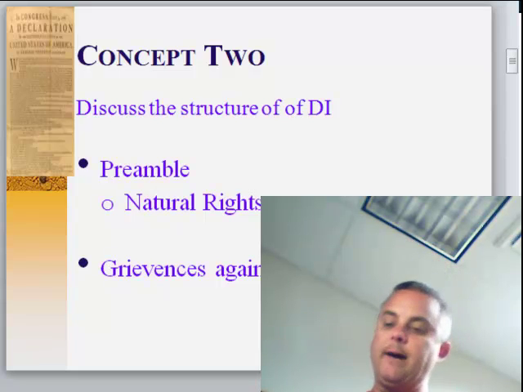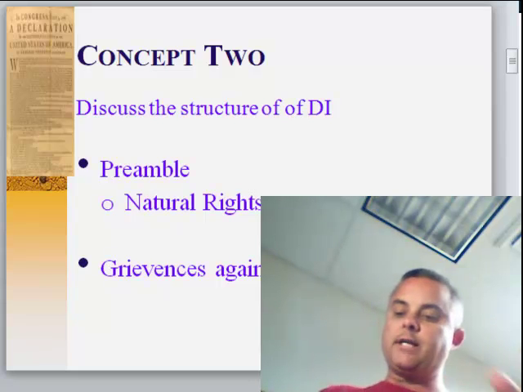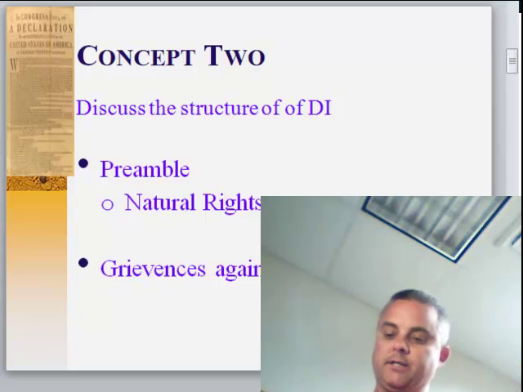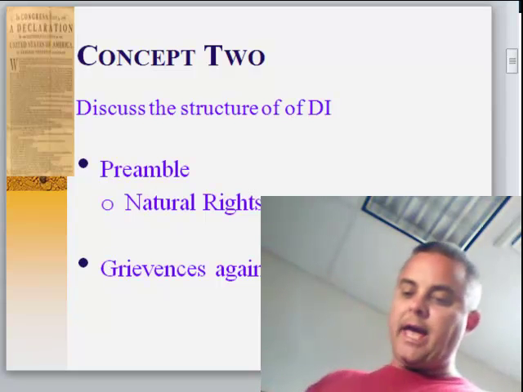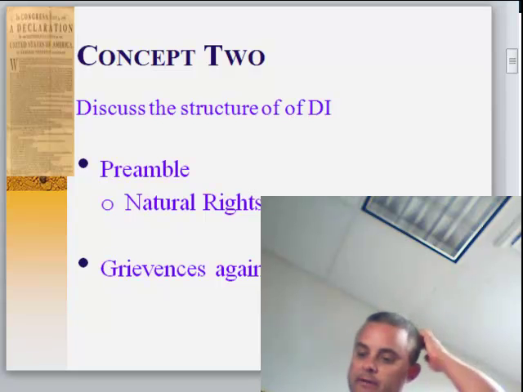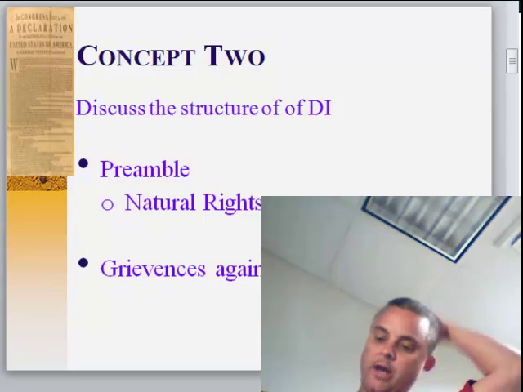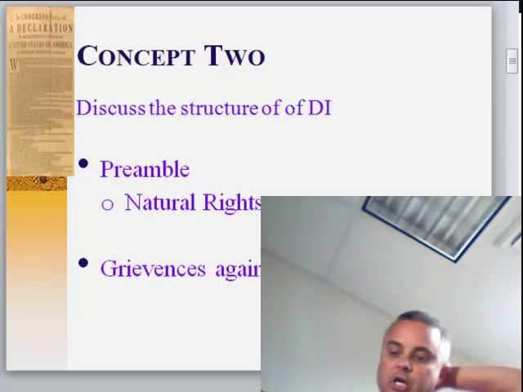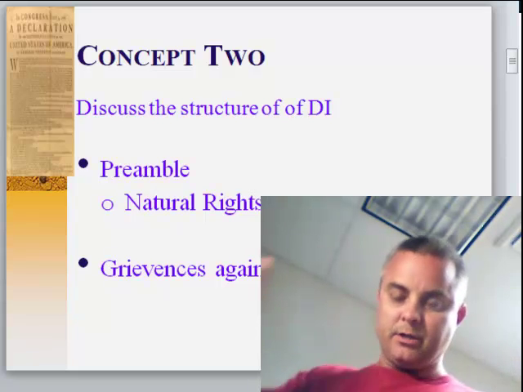The preamble continued by stating that, quote, governments long established should not be changed for light and transient causes, but the long list of grievances against the king was meant to prove that in this case, the causes were oppressive and the Americans had suffered, quote, a long train of abuses and usurpations, which showed an intention to reduce them under absolute despotism.